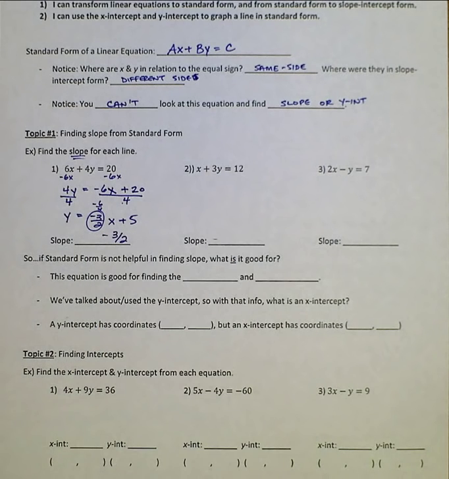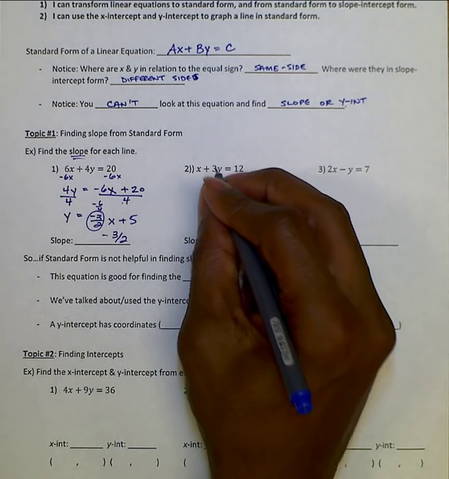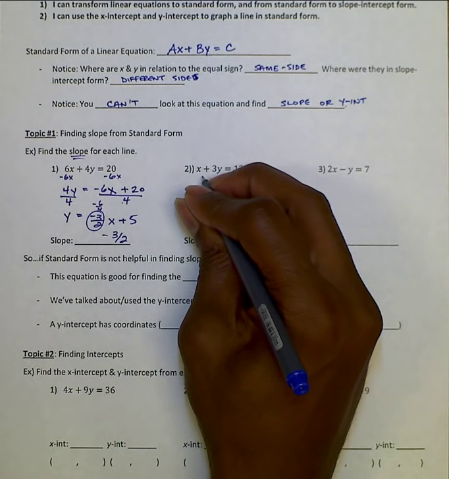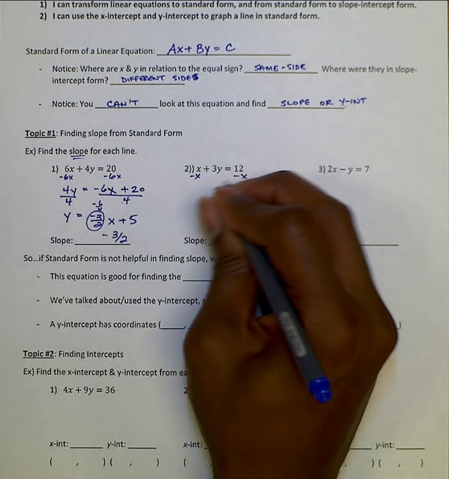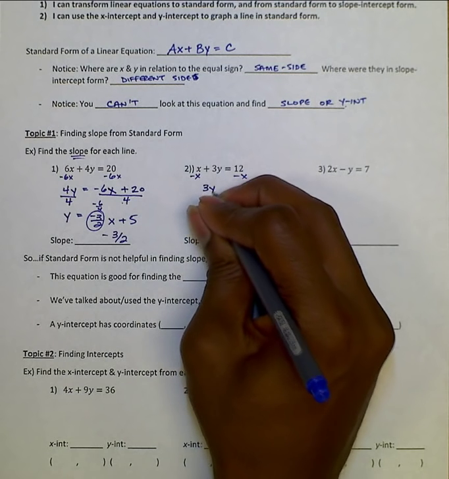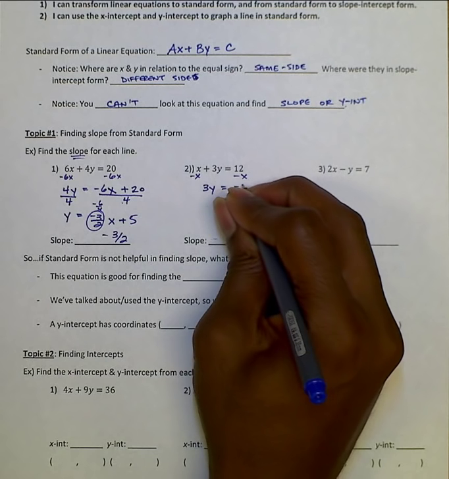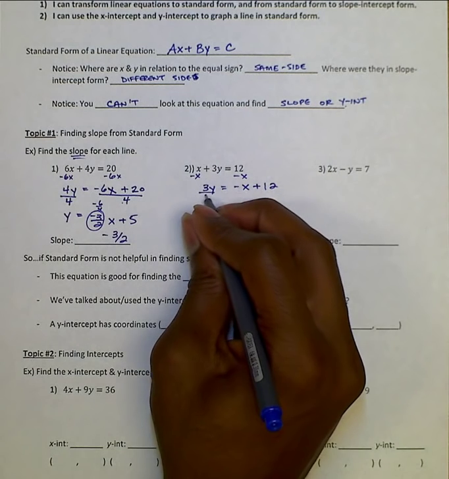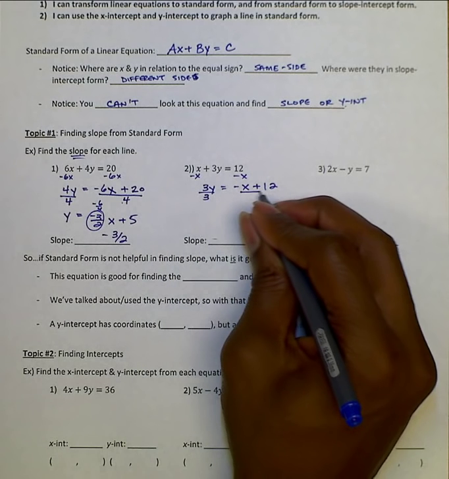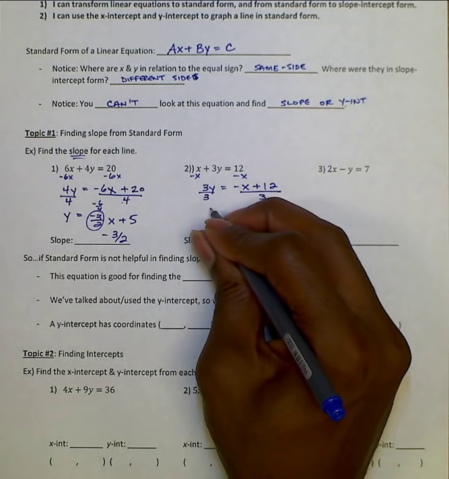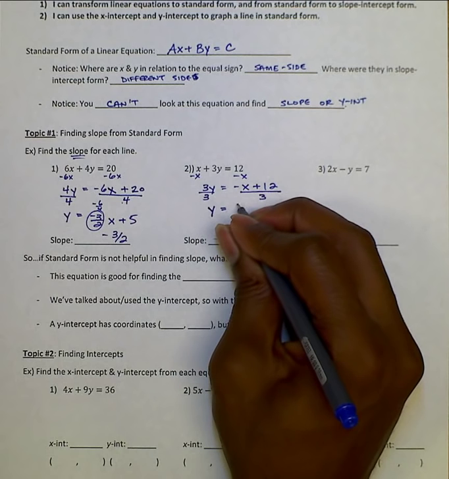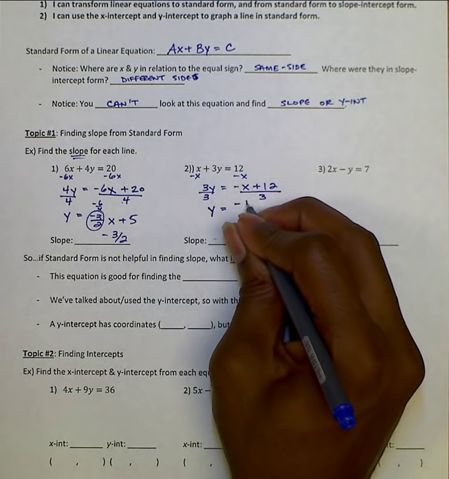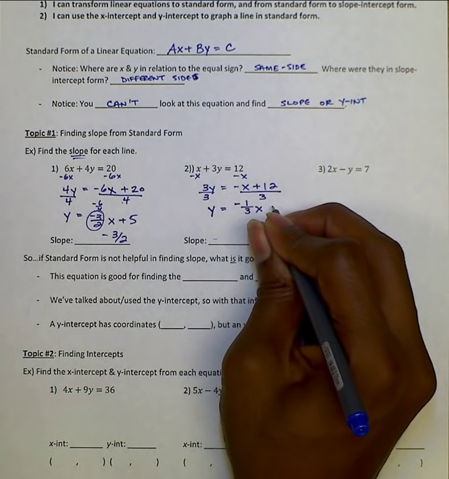Number 2. Again, we're trying to get y by itself, so I'm going to subtract x from both sides, and that will give me 3y equals negative x plus 12. I'll divide both sides by 3 to get y all the way by itself so I can find the slope. And so y will equal negative 1/3 x plus 4.